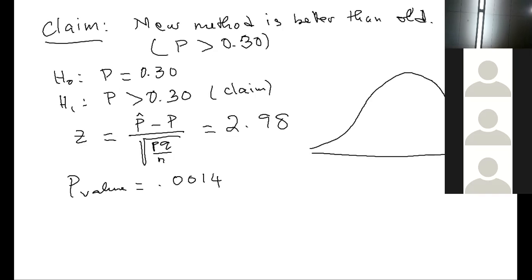When you are using the p-value, you compare it to alpha. If it is less than alpha, it's in the rejection region. If it is bigger than alpha, it is out of the rejection region. Or you compare the test value to the critical value. For the critical value, you just want to find the z so that the area to the right of z is 0.01.